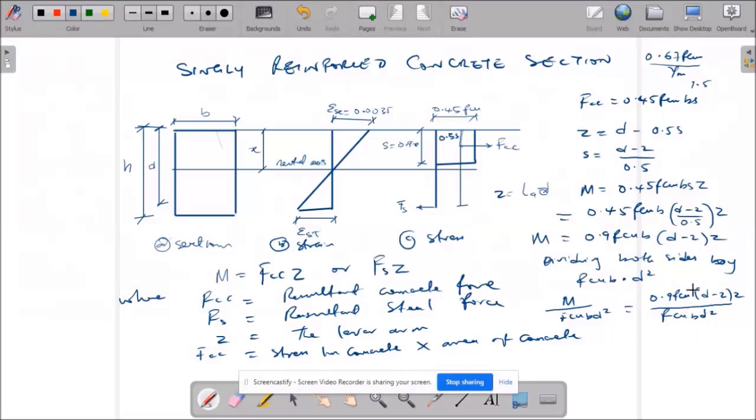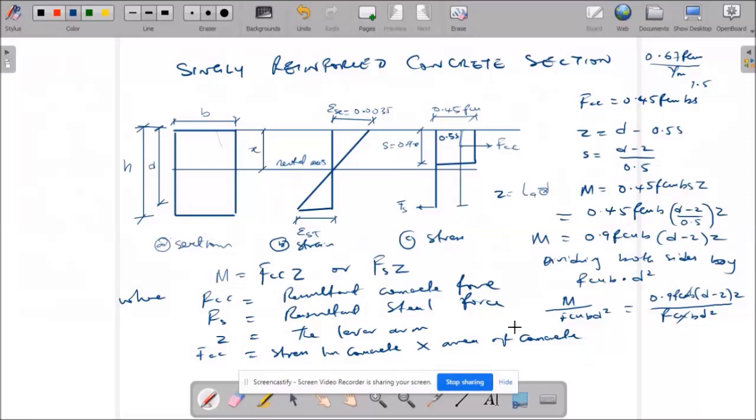So here we have FCU, and remember we have B here. So these will cancel.